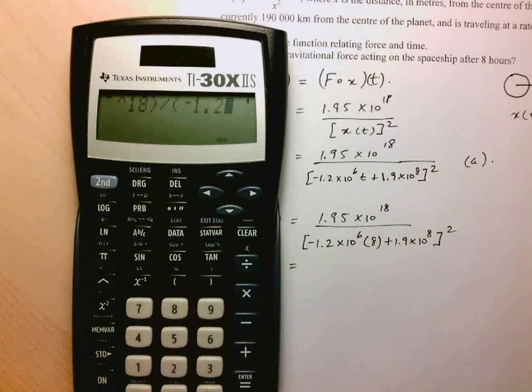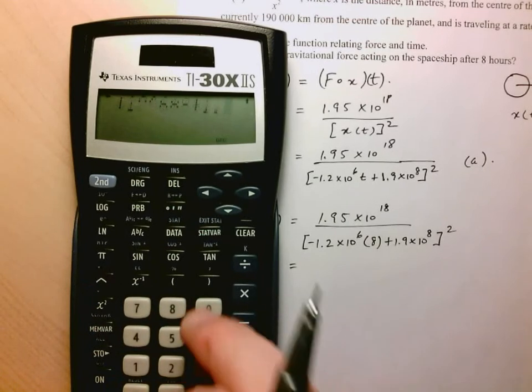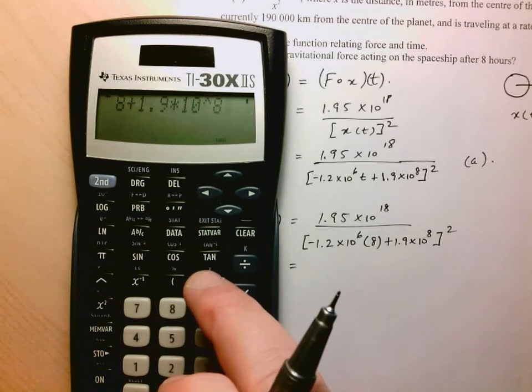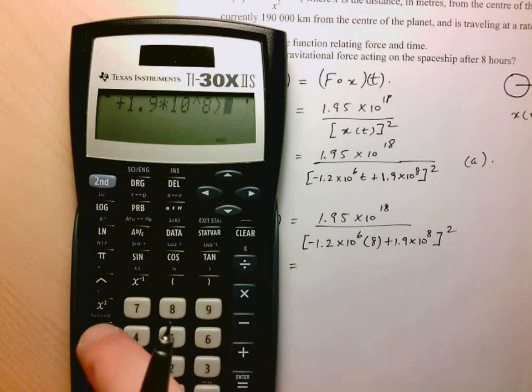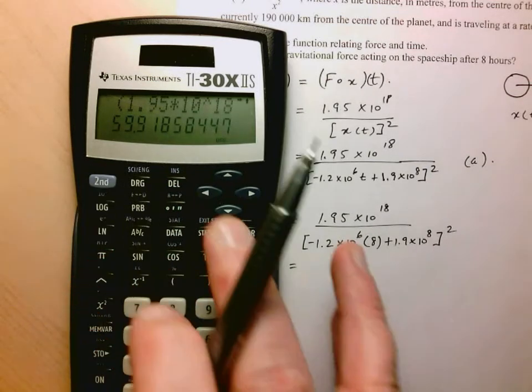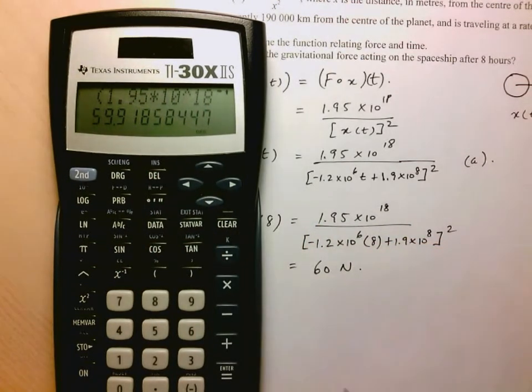Negative 1.2 times 10 to the 6th times our value 8, and then plus 1.9 times 10 to the 8, and that whole denominator is squared. And in the end, we've got a reasonably small number here, so we have about 60 newtons.